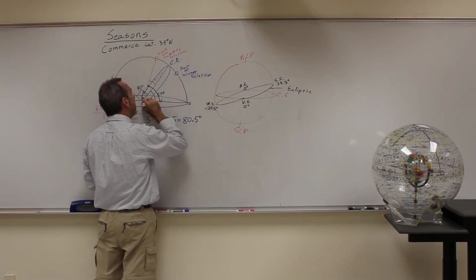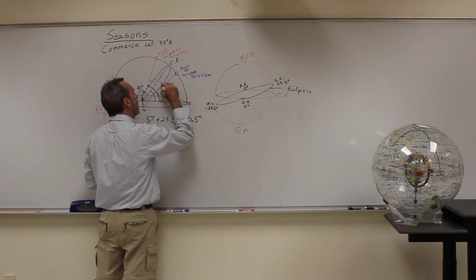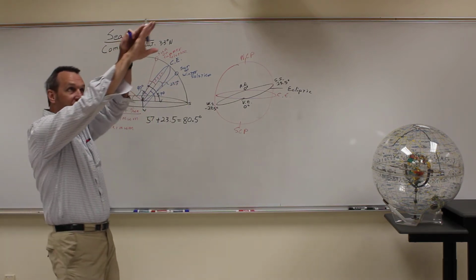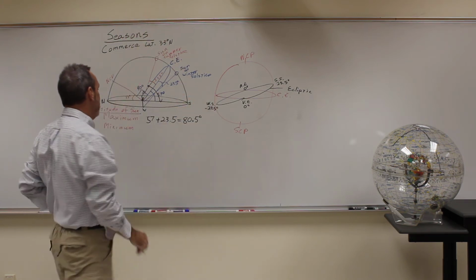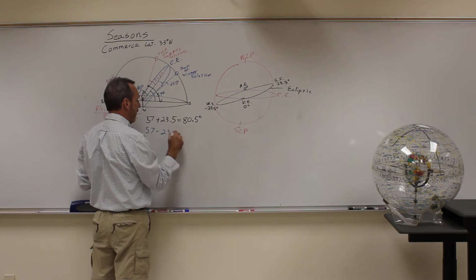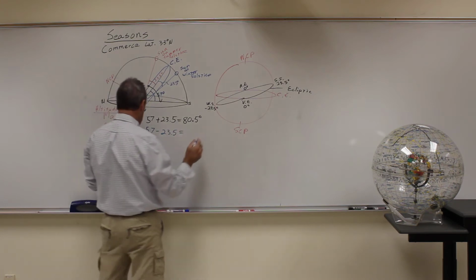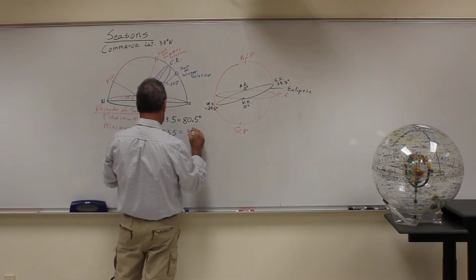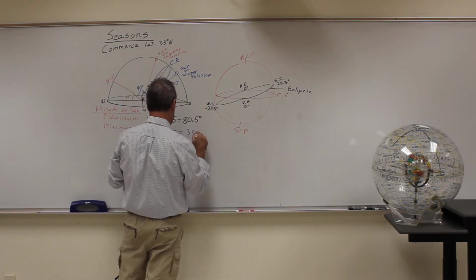In this case, the angle is also 23.5 degrees, but it's 23.5 degrees below the celestial equator, so we just subtract it. So this is 57 minus 23.5 degrees, which is, make sure I do my math here, 33.5. Did I do that right?